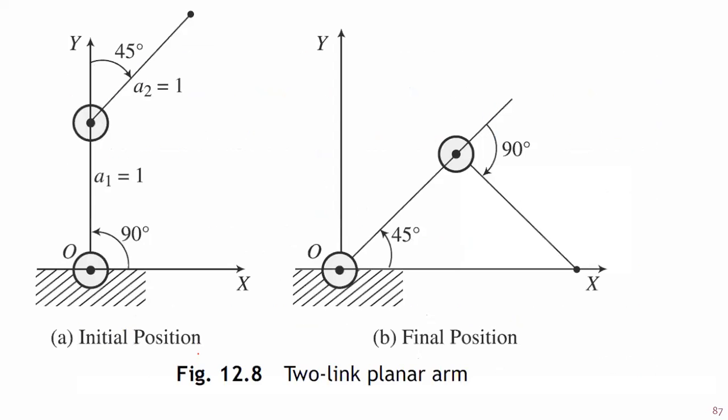This is the figure, initial position and final position. That is, this link number second is rotated and this point will be there on x-axis. Therefore, at that time, link 1 will make an angle of 45 degree and this link 2 will make an angle of 90 degree with respect to link 1.